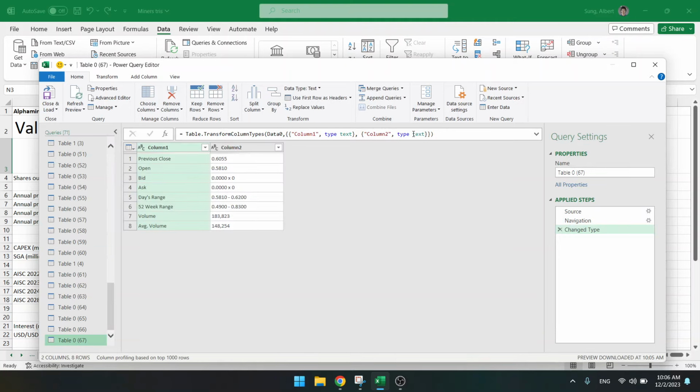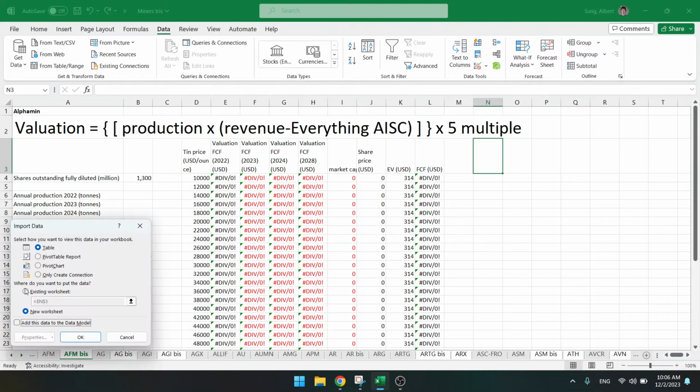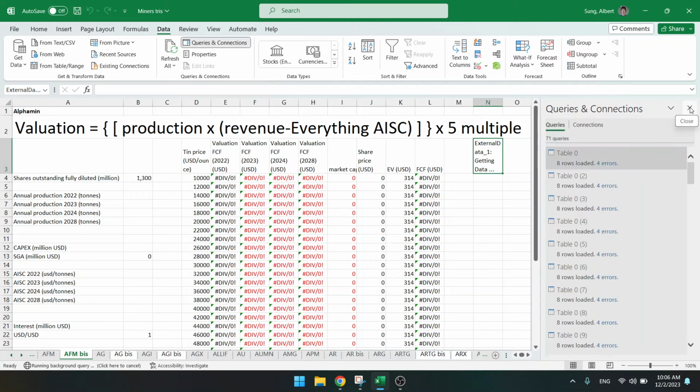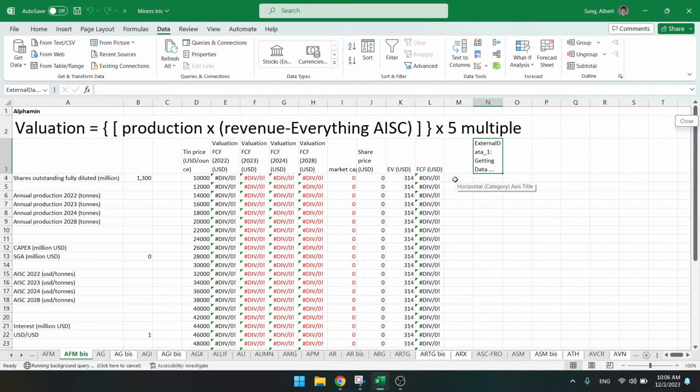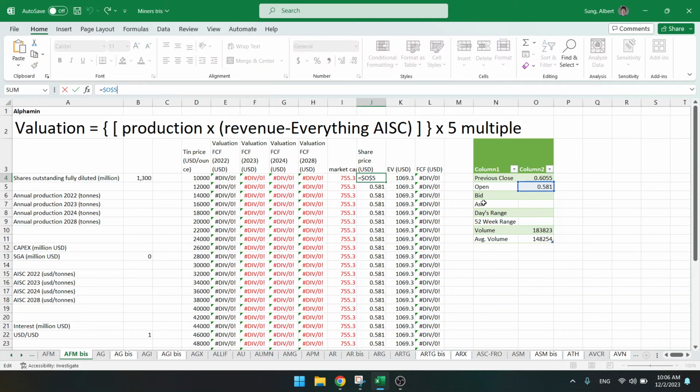We're transforming the data because this is not text, this is number, and load it to the Excel. So now we have the share price here, which is coming from here, and we have 700 market cap.